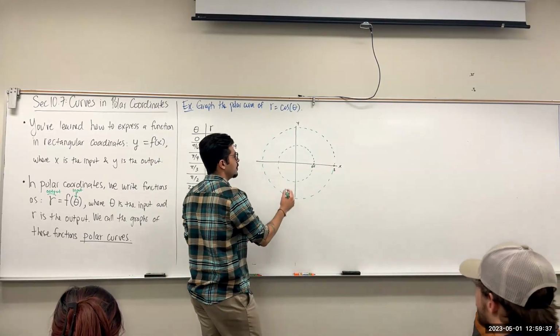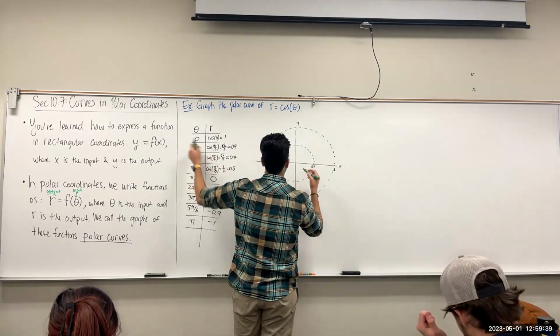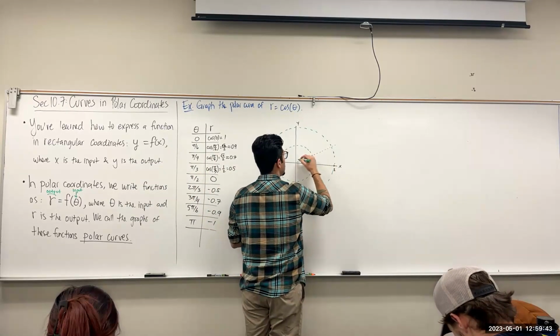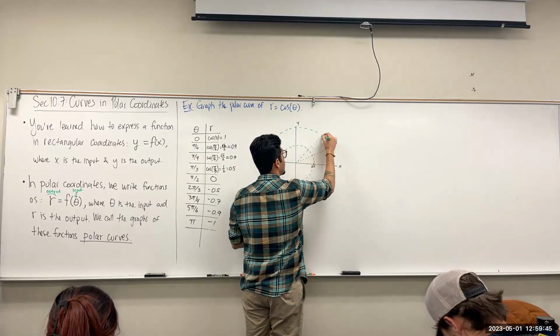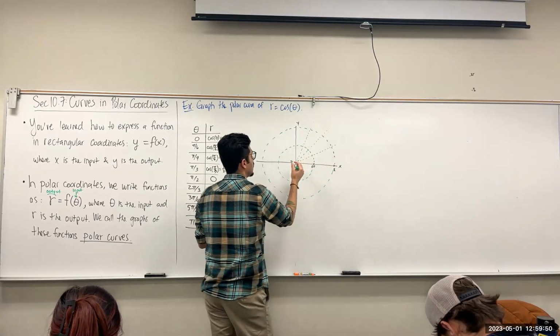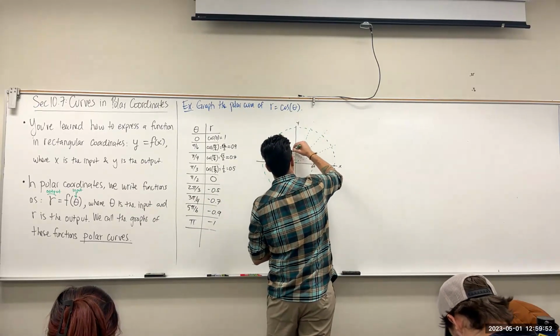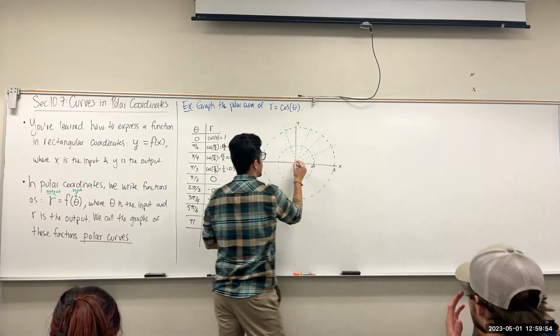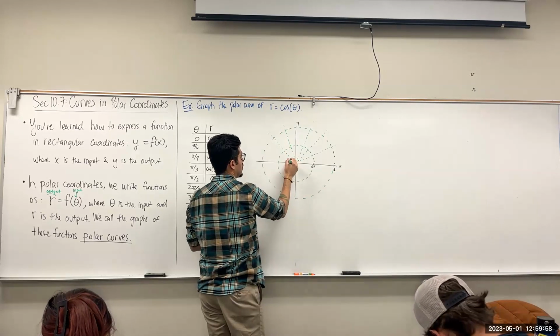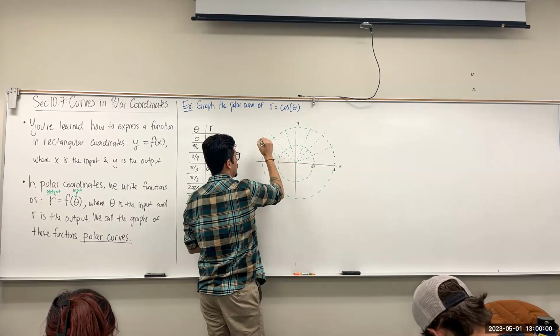And then I'm also going to just label the special angles. Okay, so pi over 6, let's say it's about right here. Pi over 4 is halfway. Pi over 3 is about right here. And then let's just do the same thing to the other side. It's 2 pi over 3. Here's 3 pi over 4. And then here's 5 pi over 6.